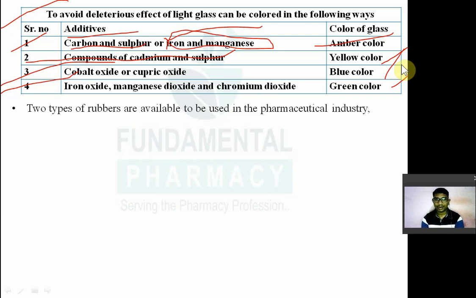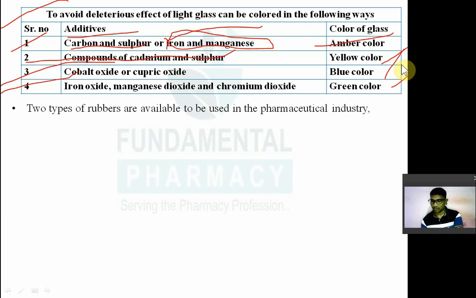By adding carbon or sulfur, or carbon and sulfur, or iron and manganese, you can impart amber color to the glass. By adding compounds of cadmium and sulfur you can impart yellow color. By adding cobalt oxide and cupric oxide you can make blue colored glass. By adding carbon, iron oxide, manganese dioxide and chromium dioxide you can produce green colored glass.